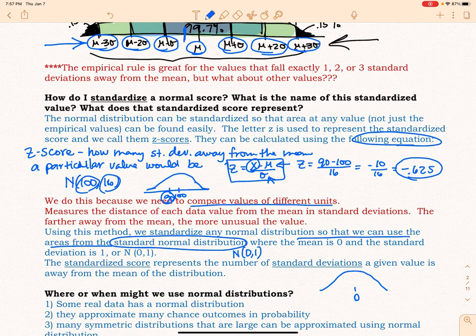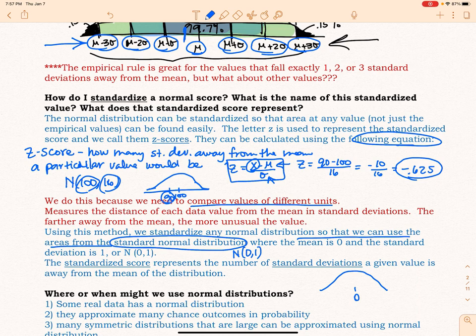We're starting from nothing to see how far a certain value is from that nothing to determine how unusual it might be. Okay, so think of it this way. If my mean is 0 and I have a z-score that's right there on it at 0, that means there's no difference between them.